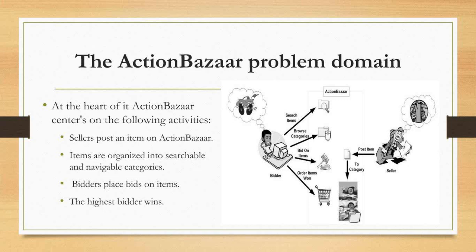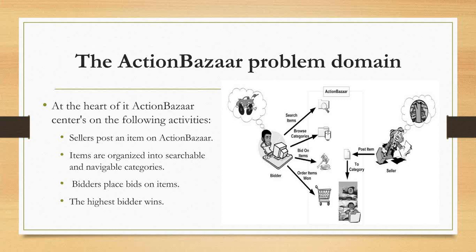The users who place items for sale are called sellers. So the sellers are the users who will place items for sale. The interested users will place bids on that item.